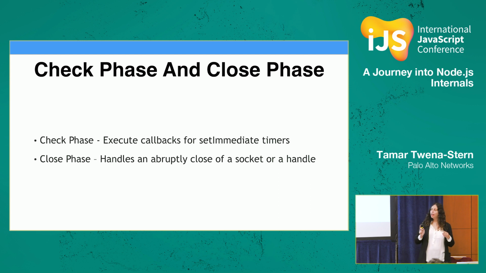Now I want to say something. I did not relate to process next tick here. Maybe someone knows why? No? Okay. When you're using process next tick, the code is executed immediately and the whole flow of the event loop would stop.